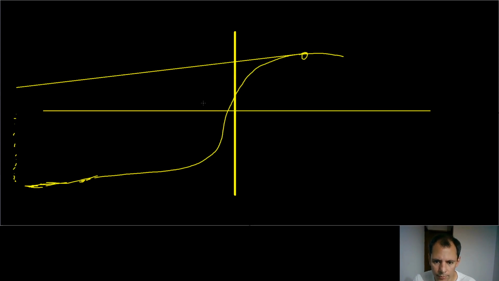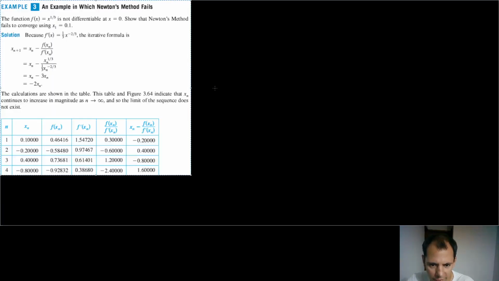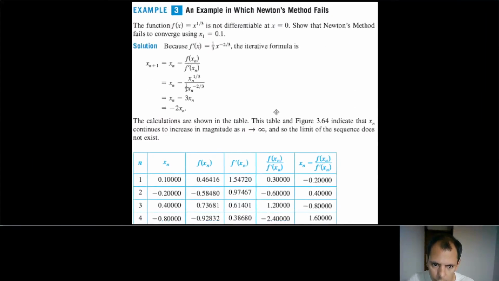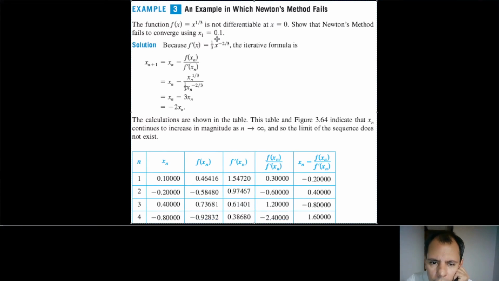I'm going to try to undo all this mess in here. I'm going to show you an example here that it fails to converge. Numeric example. The function f of x equals x to the 1/3 is not differentiable at x equals 0.